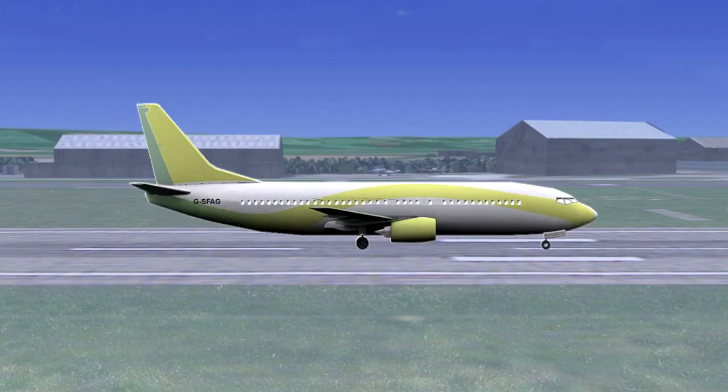To better understand takeoff performance, we need to fully grasp the forces acting upon an aeroplane and how these forces might change throughout the takeoff. Shown on screen is an aeroplane at rest at the brake release point. A typical 737-400 series has a maximum all-up mass of 68,000 kilograms.